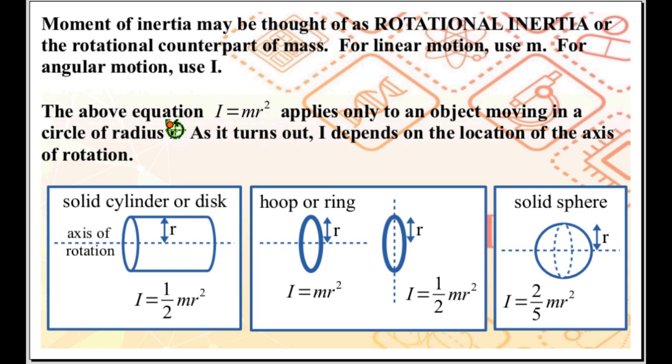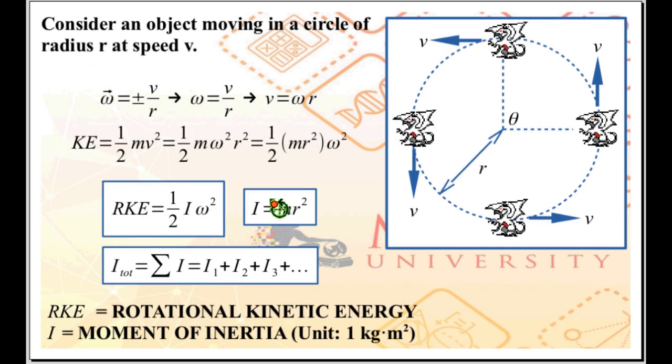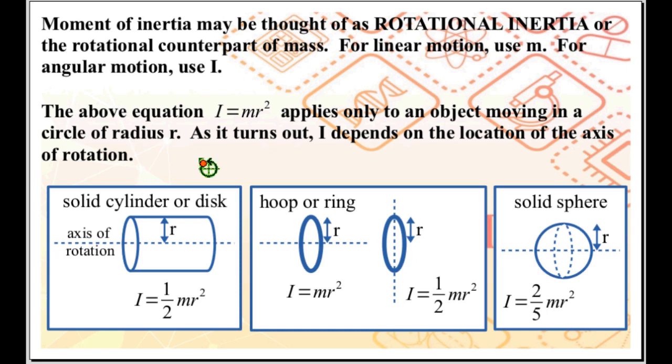Now, note that this equation of the moment of inertia, I is equal to mr squared, as it turns out, is only applicable for this situation: you have an object moving in a circle of radius r. I depends on the location of the axis of rotation.